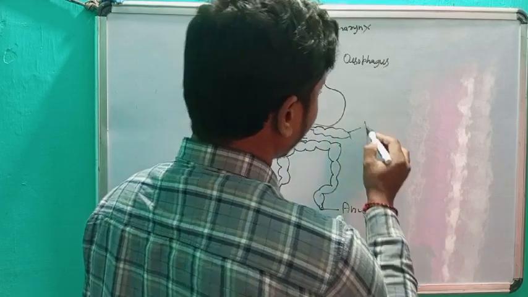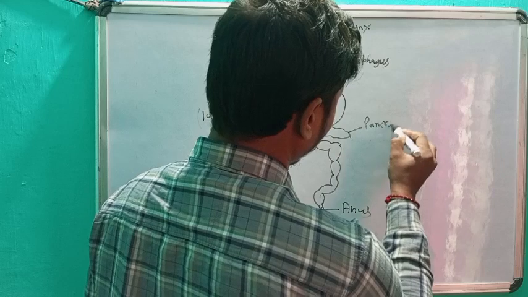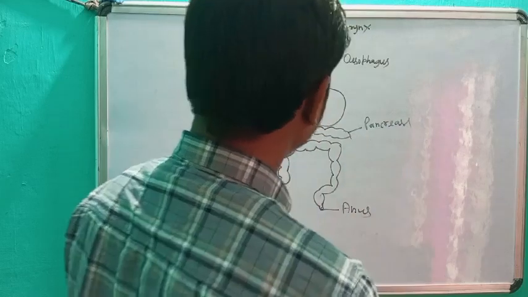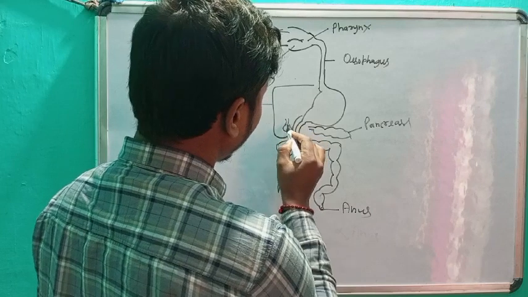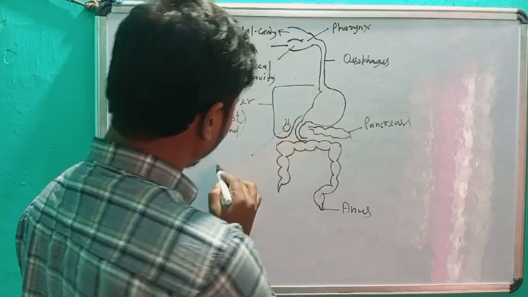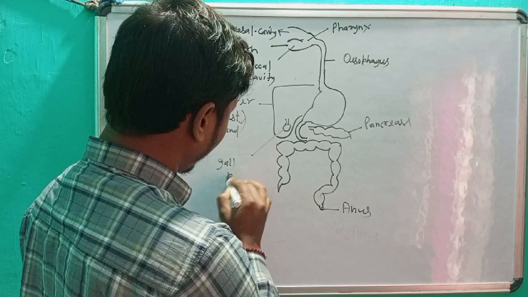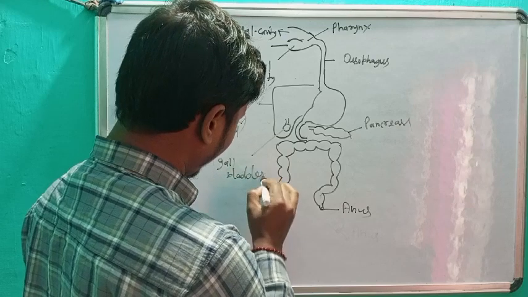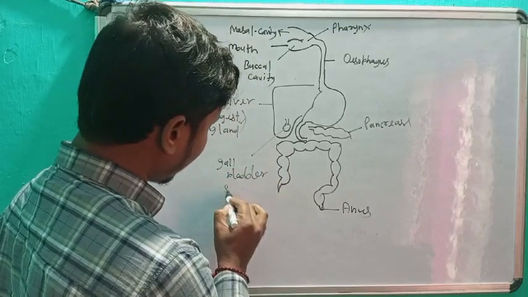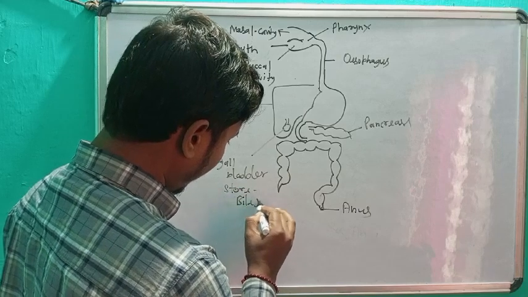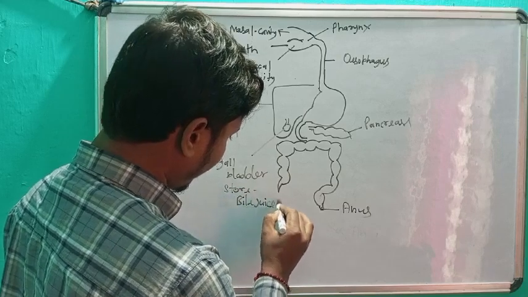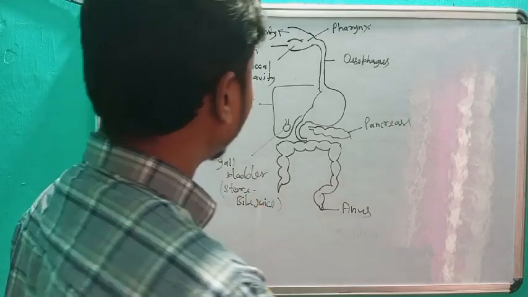This portion is known as the pancreas. Here the gallbladder stores the bile juice. The gallbladder is responsible for storing bile juice, which is secreted from the liver.